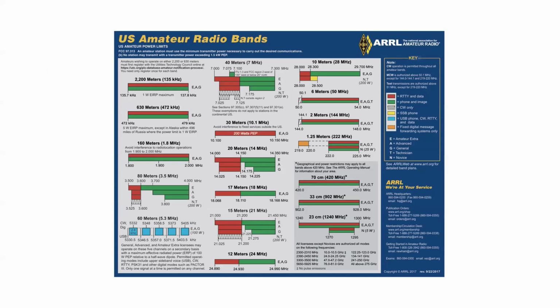But the propagation that we're going to talk about tonight, that is hams working other hams at some distance, applies to pretty much from 14 megahertz, which is 20 meters, possibly all the way up to 6 meters, but definitely to 10 meters, which is 28 megahertz. So if you have a general ticket, you have privileges on all these bands.